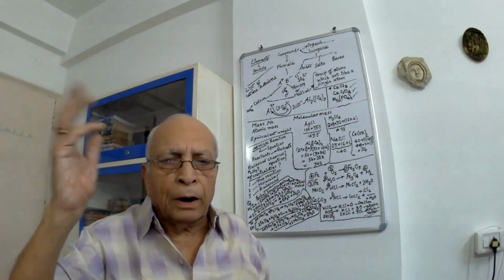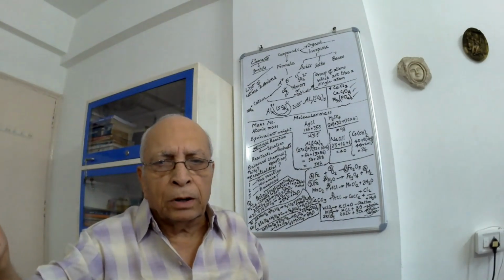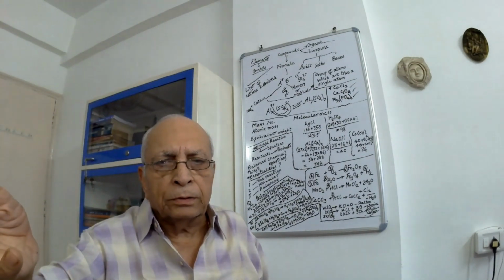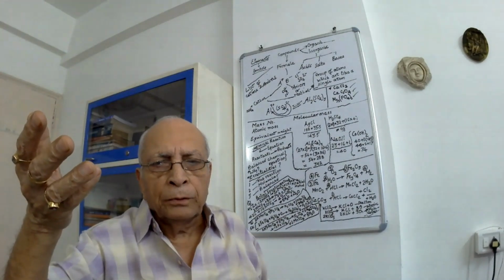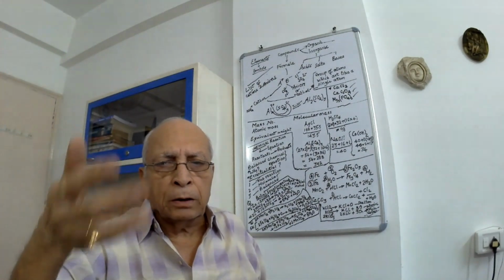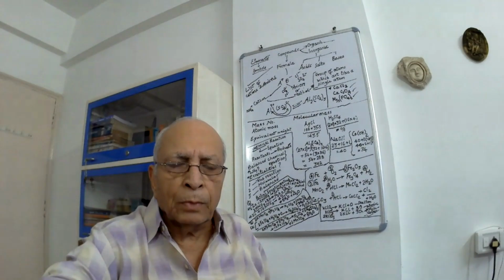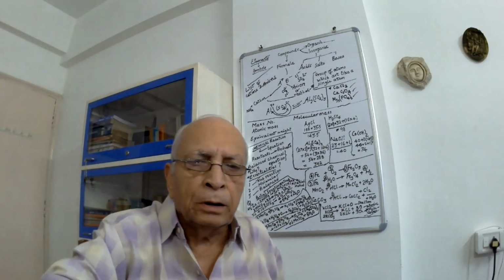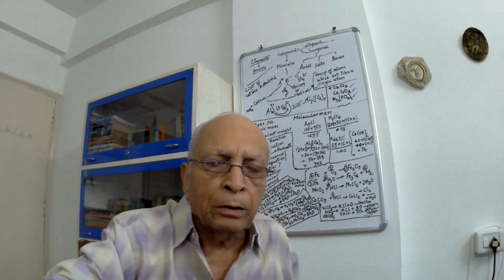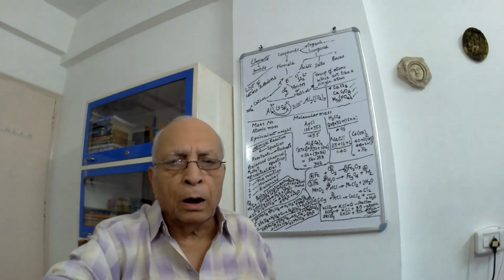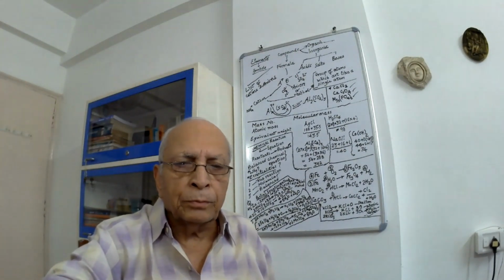Now, we are required to write the names of the acid or formula of the acid and formula of the base or the formula of the compound. How do we write? We have to learn the formula of a compound.